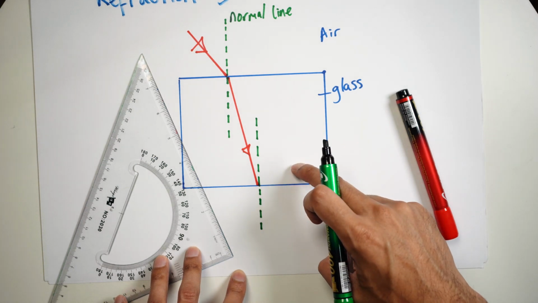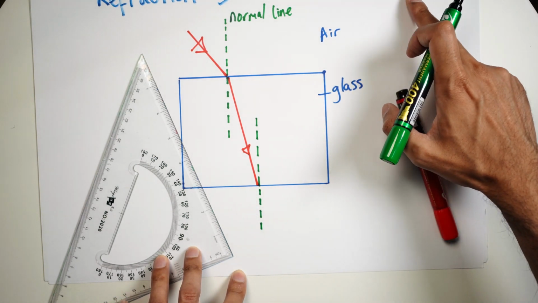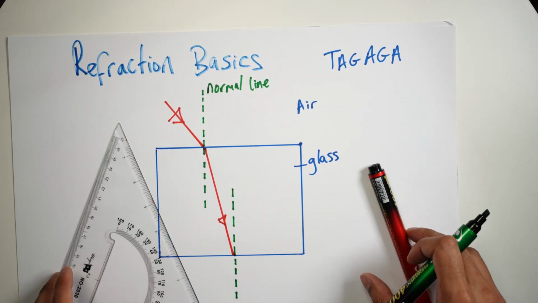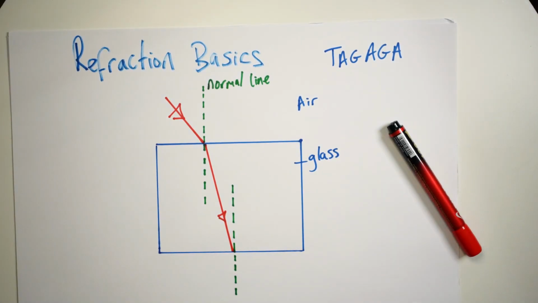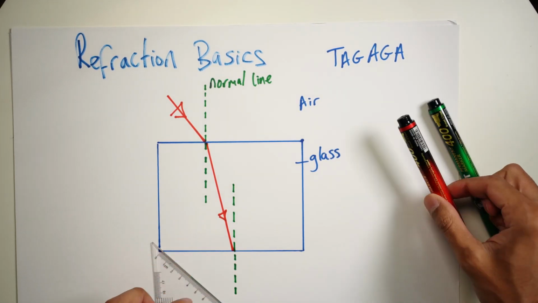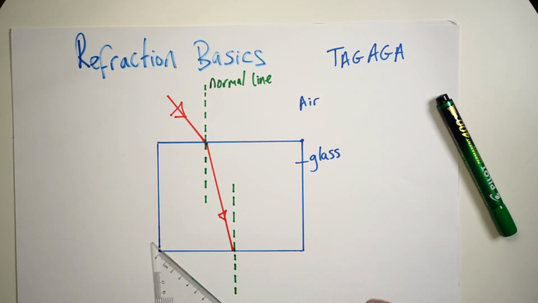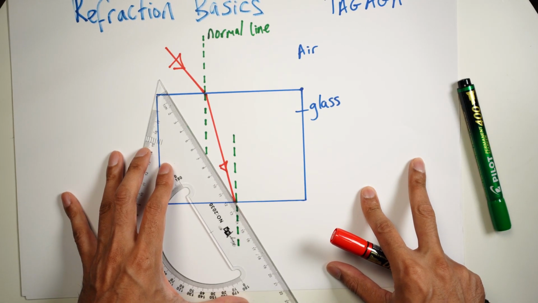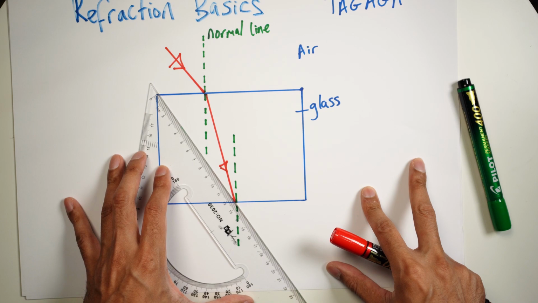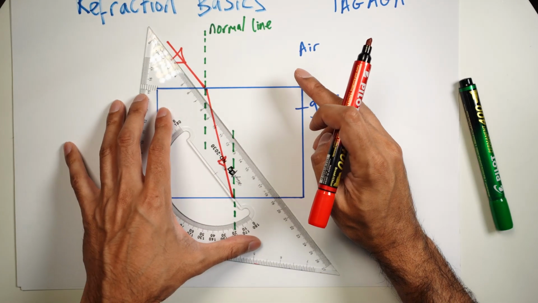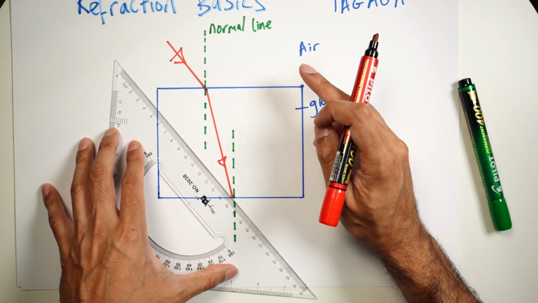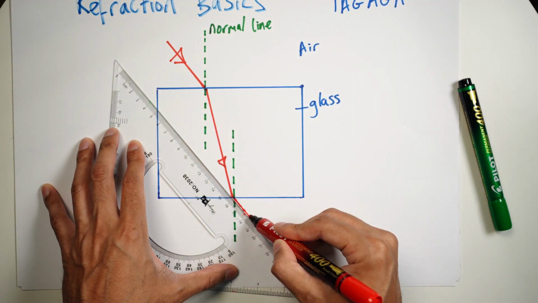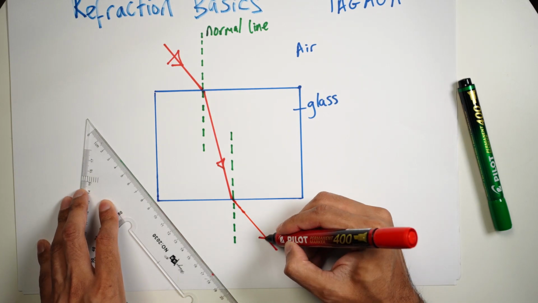Now it's going from glass into air, and it's away, glass air, as in away from the normal when it's going from glass into air. So let's draw that. That's the normal line. And instead of continuing like this, it now refracts away from the normal. And it's actually good practice to try and get it parallel to the original line like this. Don't need to do it dotted.